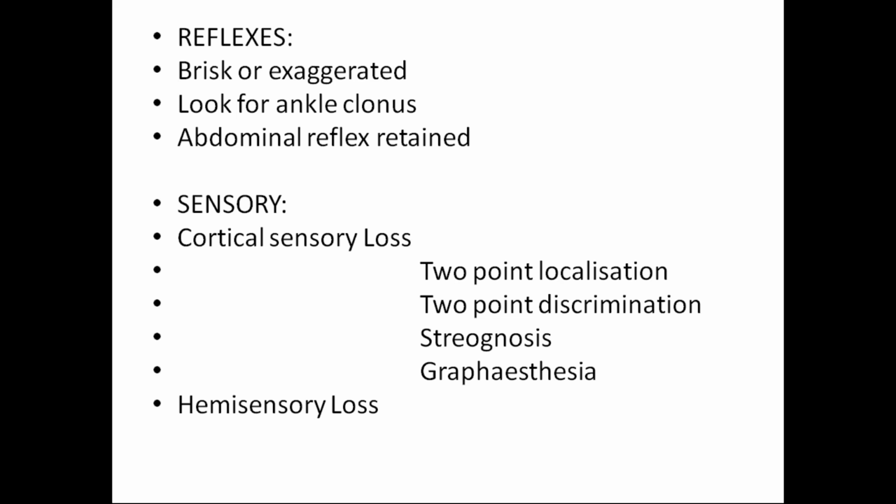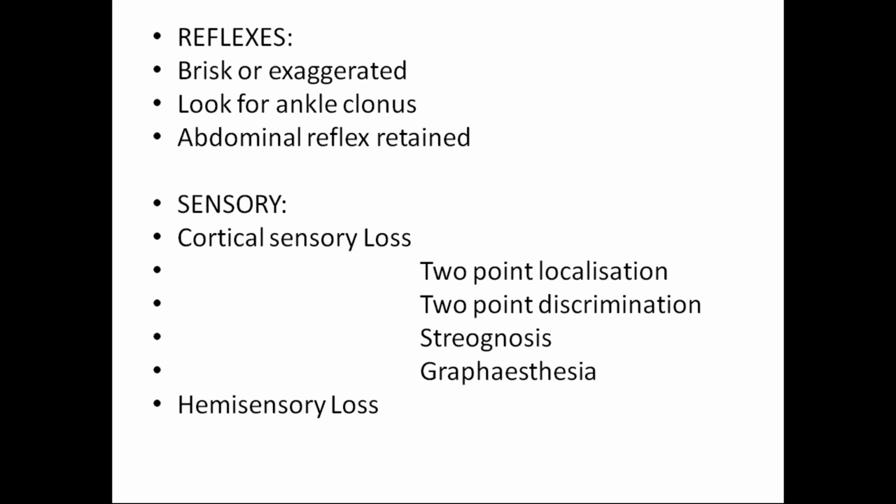Abnormal reflexes are retained, and sensory system involvement, it is the cortical sensation, as we discussed. It is 2-point localization, 2-point discrimination, stereognosis, and graphesthesia. All these are cortical senses. Only when the cortex is involved in the pathway can you get this. If it is beyond the cortex, you are not going to get any of these. It is going to be well functioning.